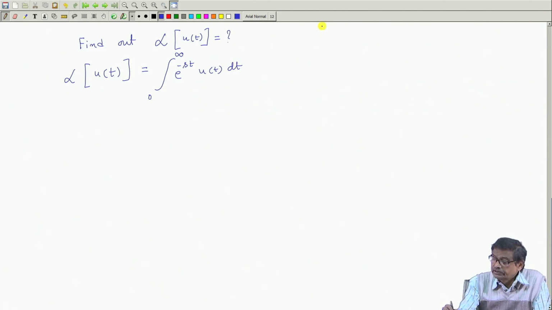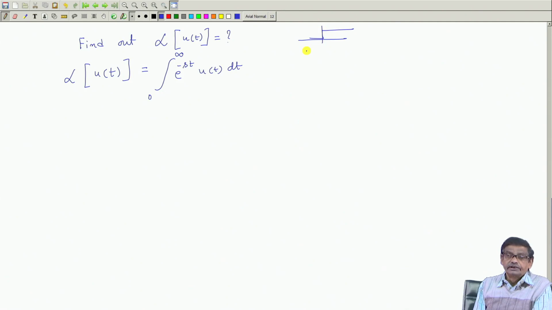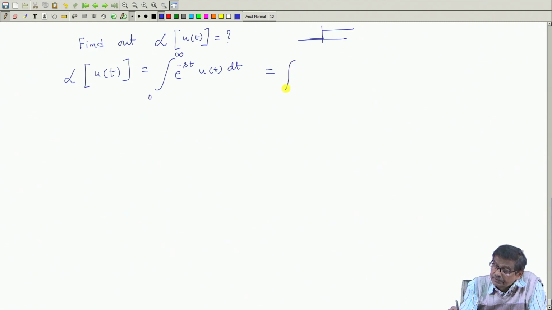Anyway, u(t) is a causal function that we have seen. For t greater than 0 it exists. So, it is like this. Now, this integral, if you look at it carefully, it then can be written as 0 to infinity e to the power minus s t into dt, because u(t) is equal to 1.